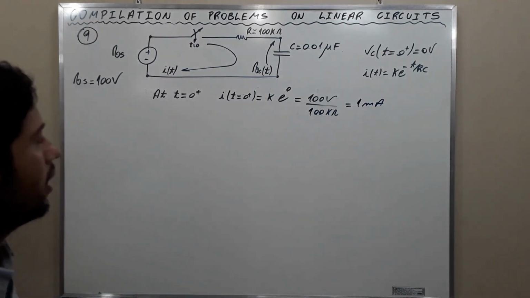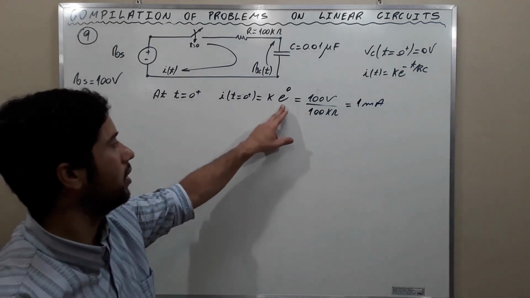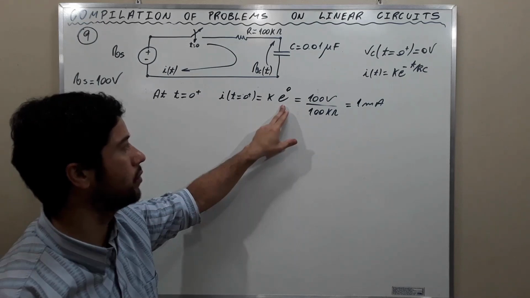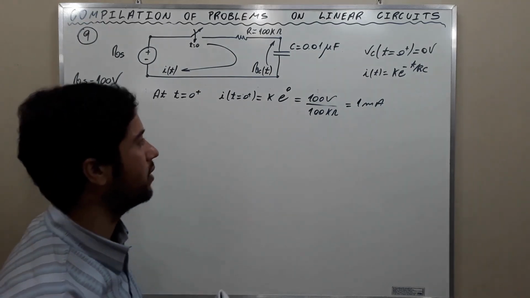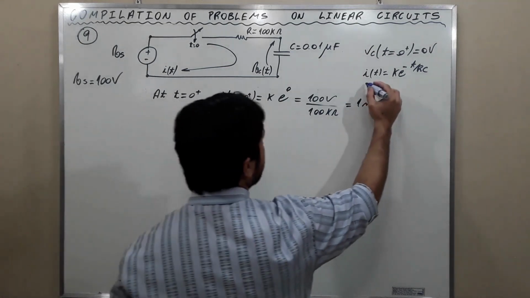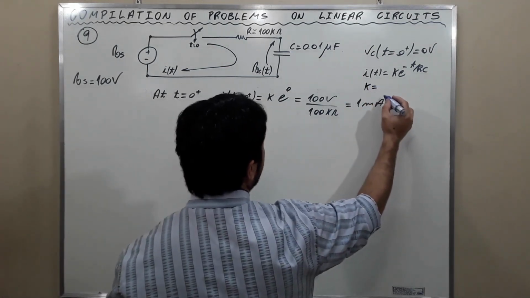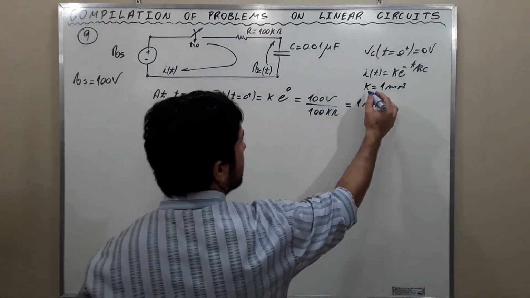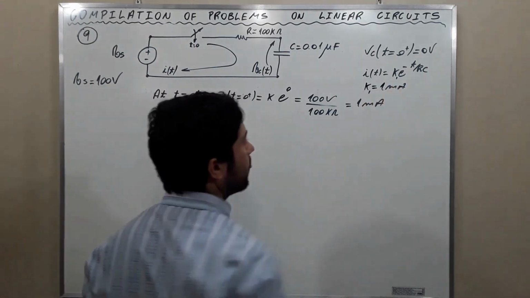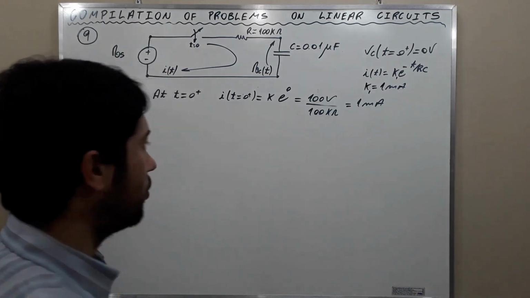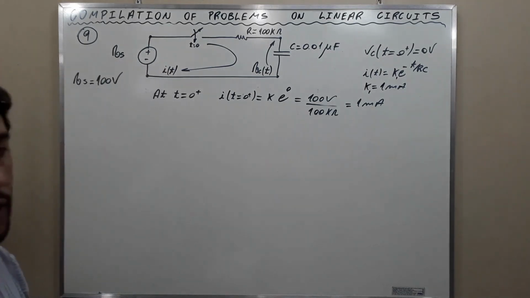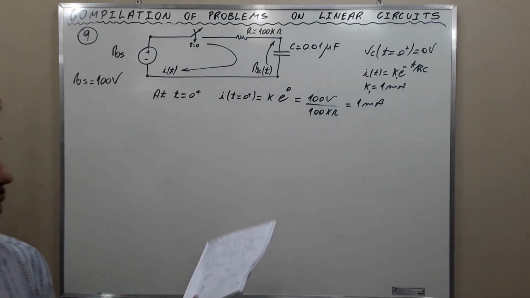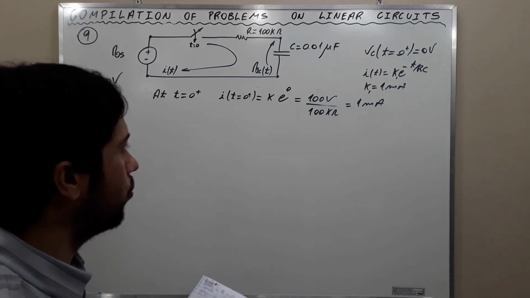Okay? And since e to 0 is 1, we find that the value of k is 1 milliamp. We are calling it K1, because maybe we will need to integrate again and find another K. So, K1 is 1 milliamp.